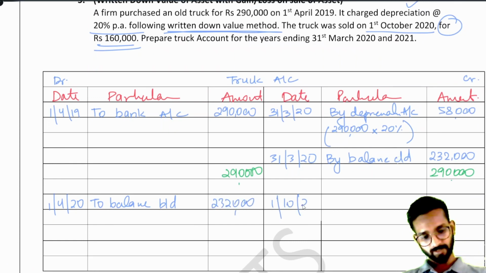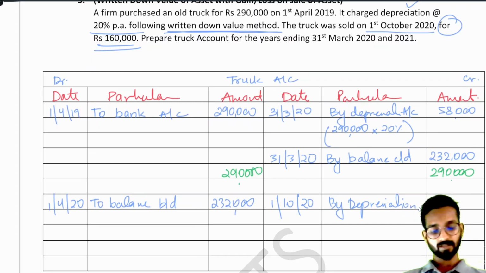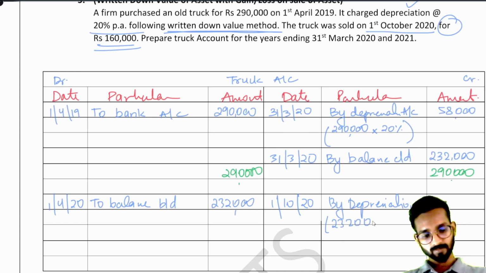1st October 2020. First I will charge the depreciation for how many months? I have used the truck for 6 months in the current year. So 2,32,000 multiplied by 20%. But remember one thing, 20% depreciation is for the entire year. We have to charge depreciation for only 6 months, so multiply by 6 divided by 12.